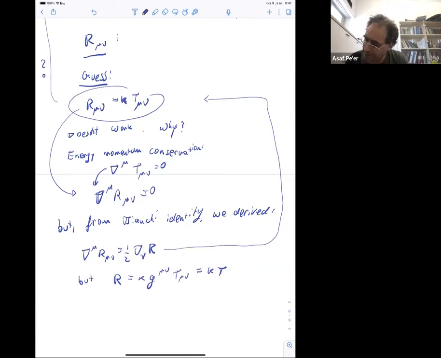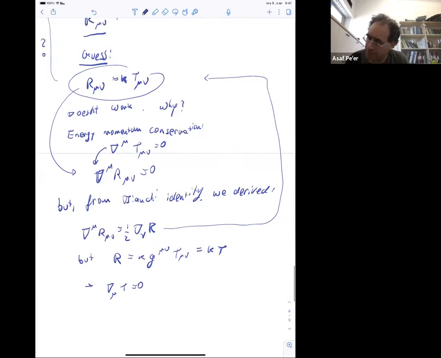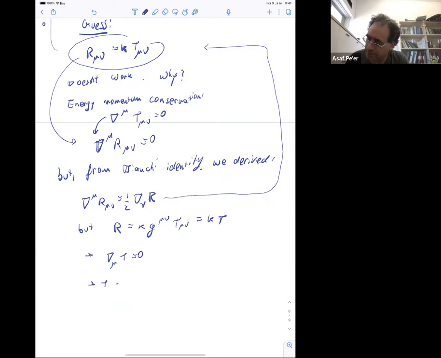So we end up with nabla mu of T equal to 0, which means that T is constant, because it's a scalar. The covariant derivative of a scalar is just a regular derivative. But that doesn't make sense, because T is 0 in vacuum, but T is non-zero in matter.